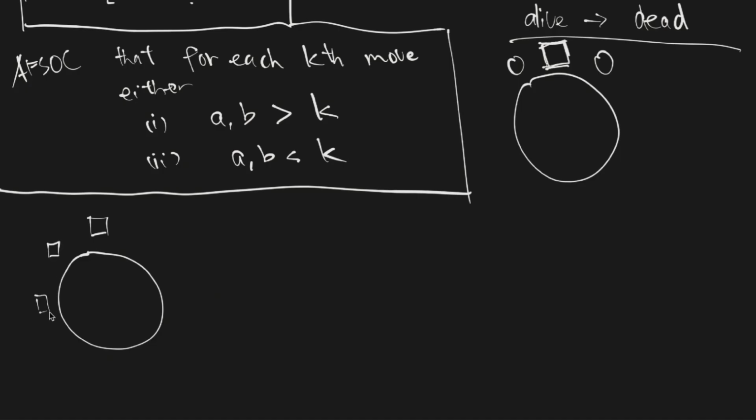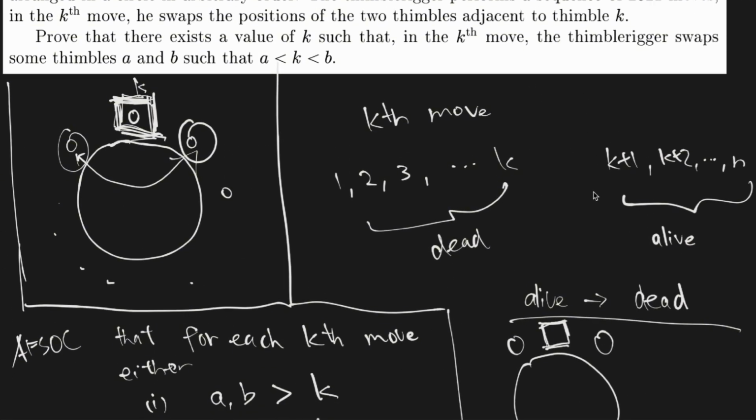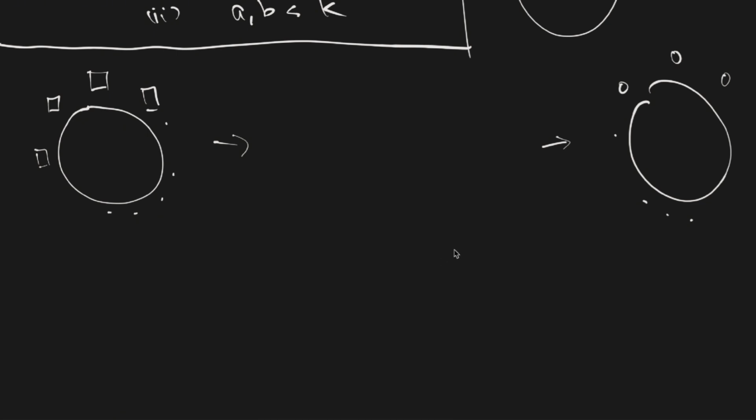So there exists a chain of operations that turns our alive thing all the way into a completely dead thing. And naturally, we feel that this probably wouldn't be possible. And also we have to make use of the parity, because if it's even, our intuition tells us that this should be possible, and if it's odd, it probably shouldn't be possible.